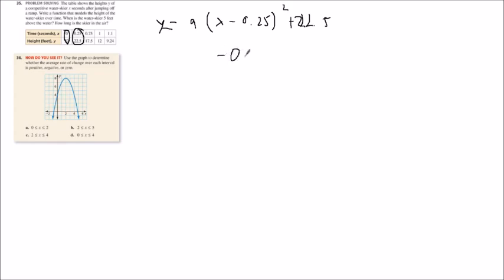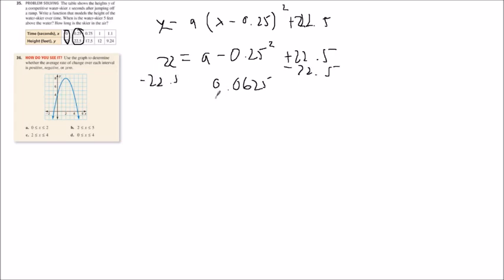So we got a times 0.25 squared plus 22.5 is equal to 22. 0.25 squared is 0.0625. Then subtract 22.5 from both sides.